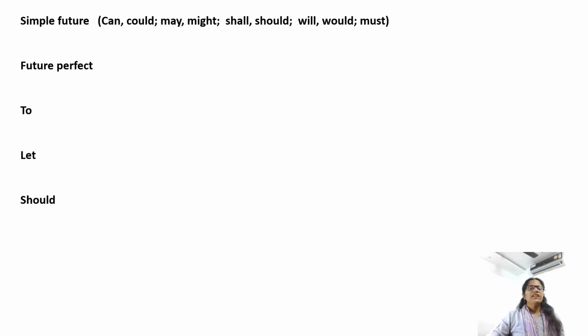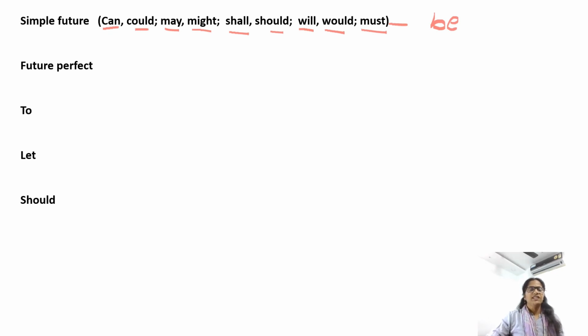Next, if the sentence is in simple future, or if you have words like can, could, may, might, shall, should, will, would or must in a sentence, we need to add the be form be.